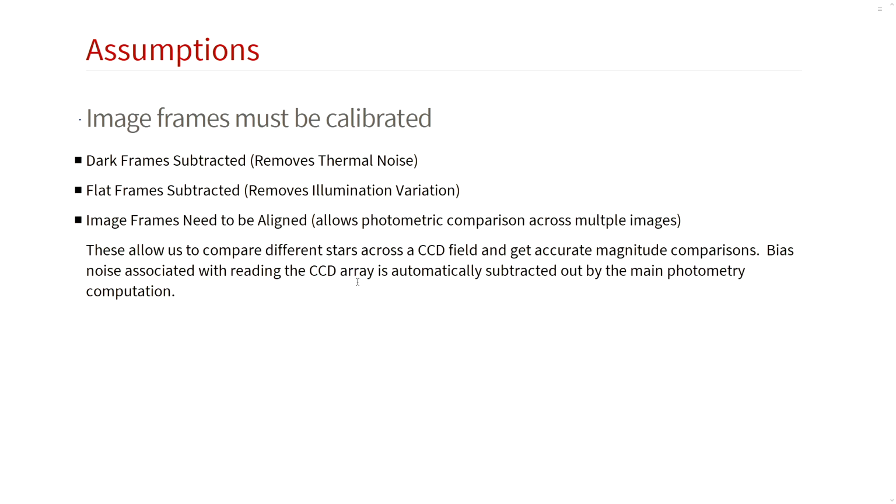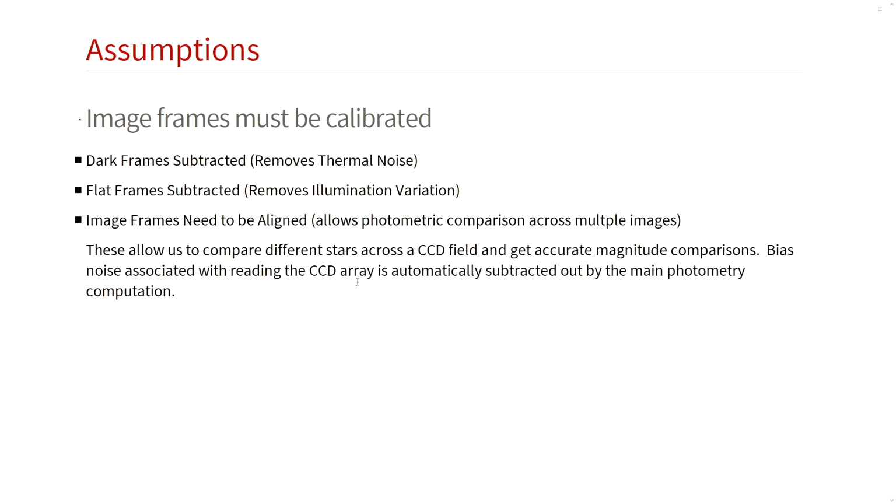Basically, we have to subtract out noise and flatten the frames so we can make comparisons between stars in different parts of the frame. So we have to subtract out the dark noise, and we need to divide out flat frames. They also need to be pretty well aligned because we're going to be doing pixel by pixel comparisons. We'll talk a little more about the alignment later in the talk.